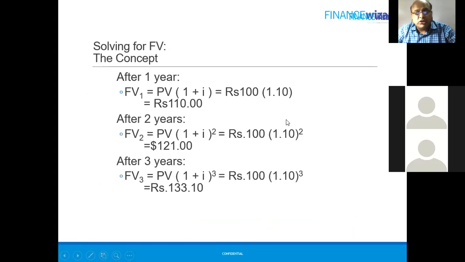After 2 years, future value would be 100 into 1.1 square, 121. And after 3 years, the future value would be PV into (1 plus i) cube, equal to 100 into 1.1 to the power 3. That is 133.1. Simple.